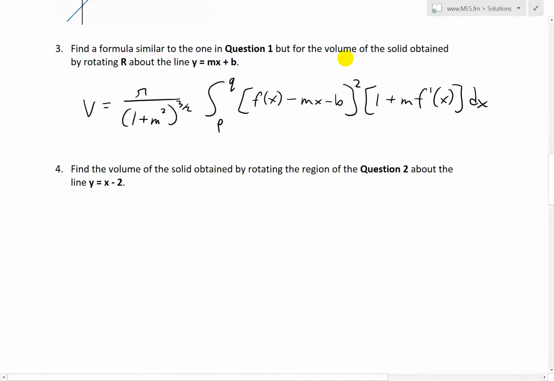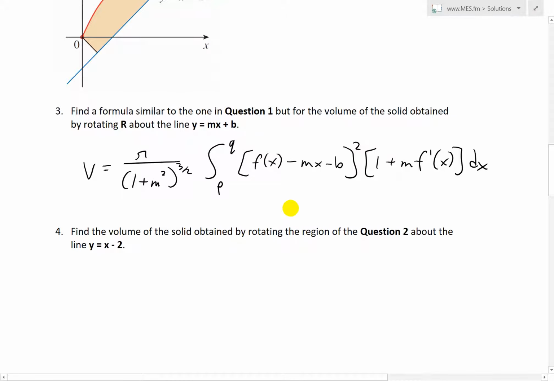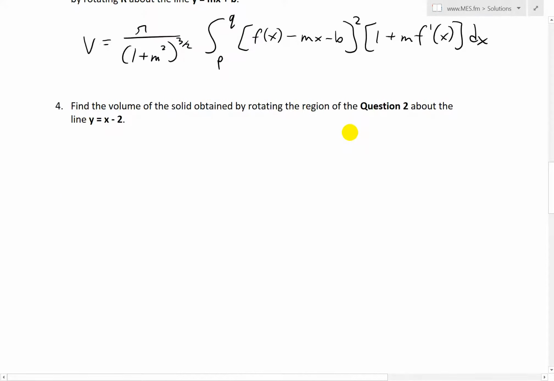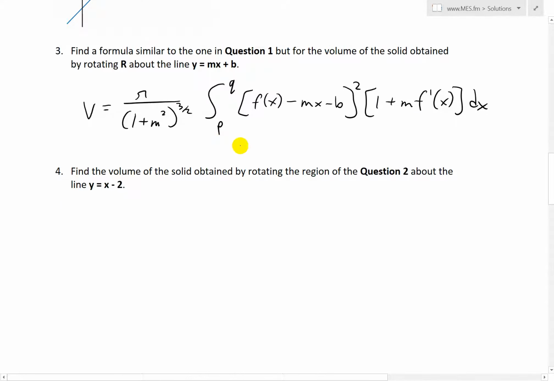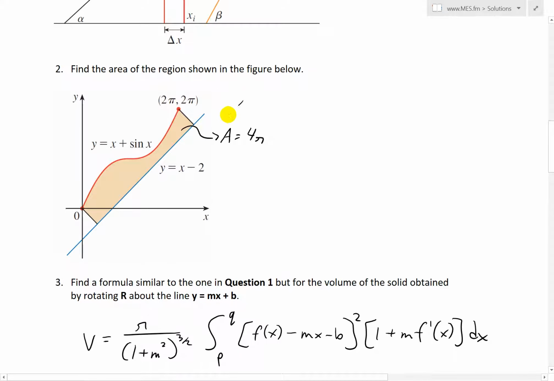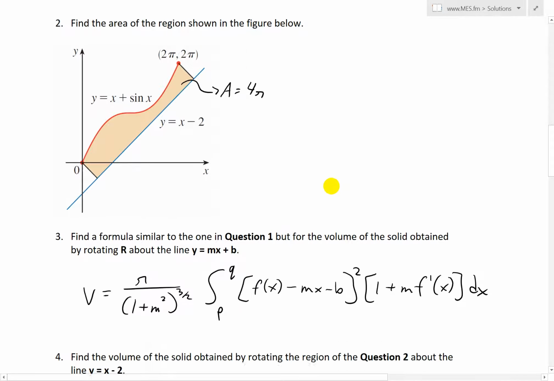In question 3, I showed the volume when you rotate that shape about the slanted line, and I showed that for a general function, it's this. And now for question 4, we're going to use part 3 for a specific example, which is the same one as in question 2.